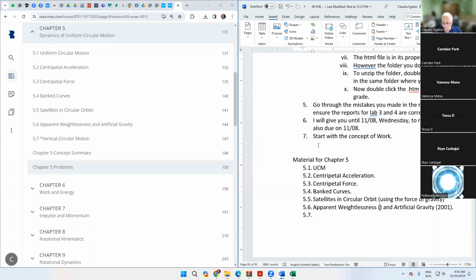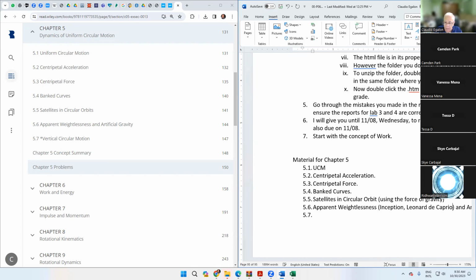The other one, another concept, the concept of apparent weightlessness, was very nicely dramatized in the movie Inception, right? Leonardo DiCaprio.